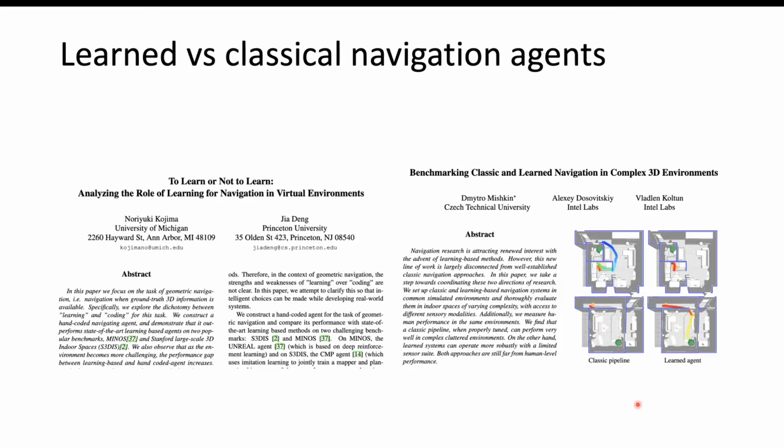They were interested in this question of how do these compare in some of these indoor environments. And the conclusion that these couple of papers reached is that the classical stack does pretty well. We have some way to go to leverage these fully end-to-end pixels to actions kinds of learned agents. They were outperformed by a classical SLAM plus navigation stack.